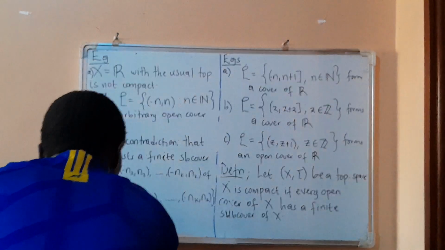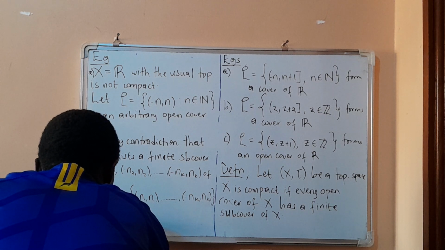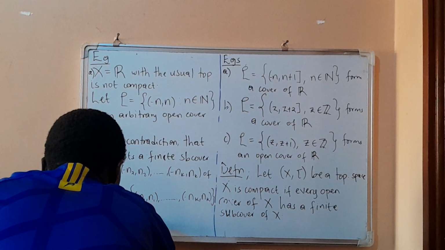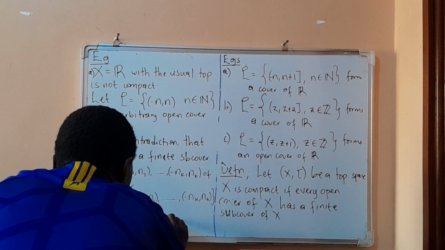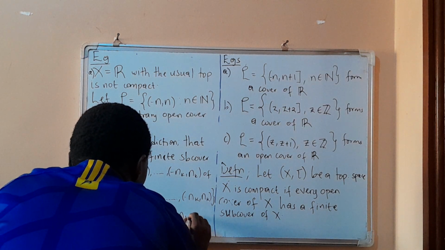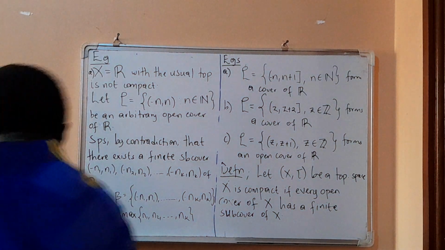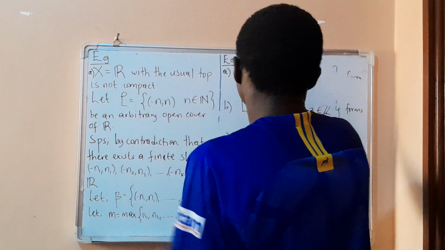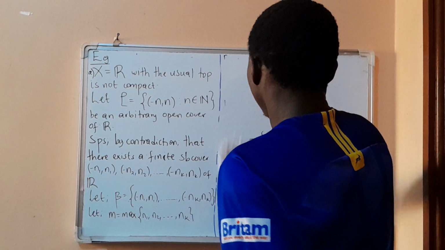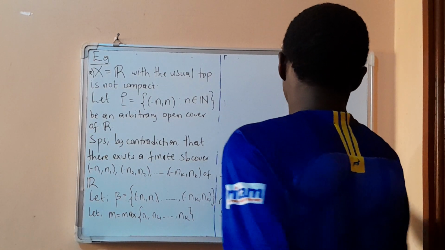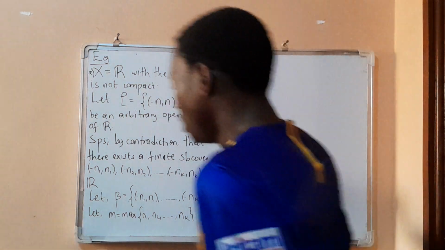So I'm going to let M be the maximum of N1, N2 up to Nk. M is just the maximum of those n's. So let us try to get the union and see what will result.